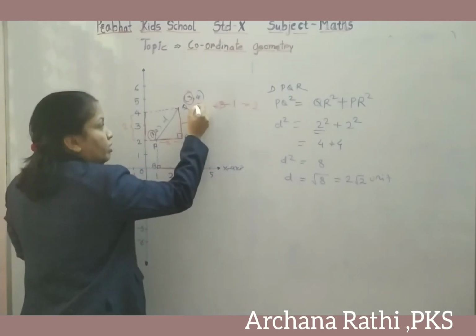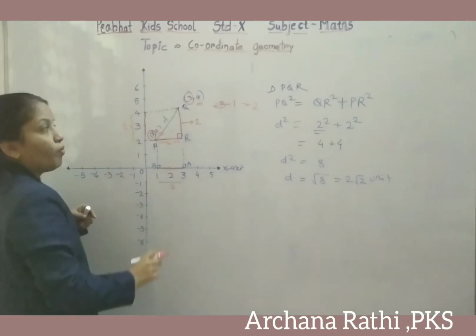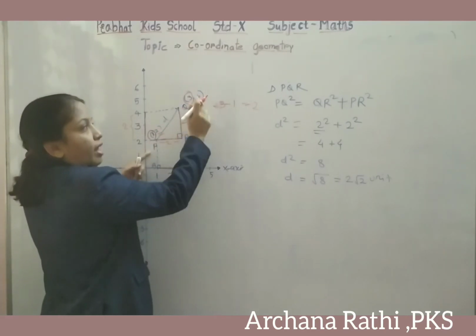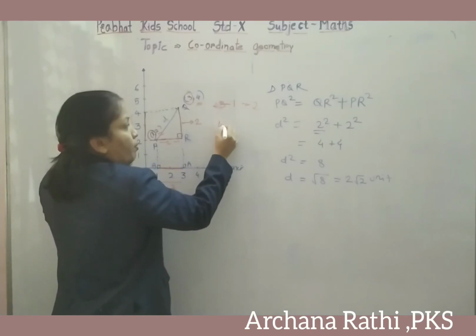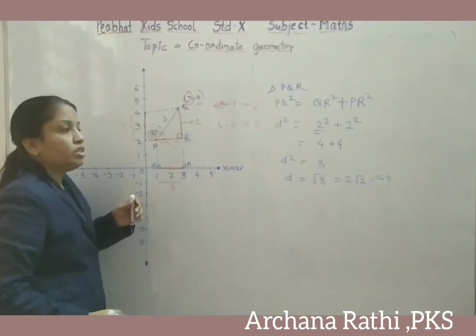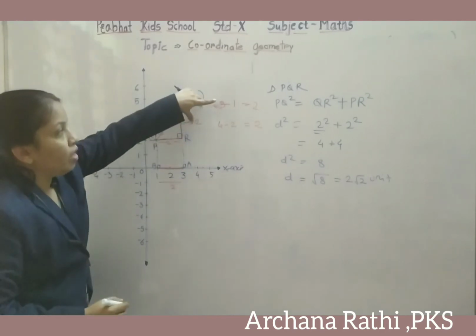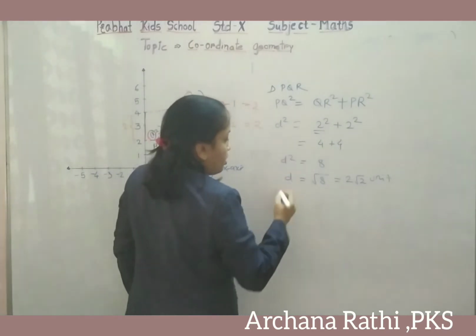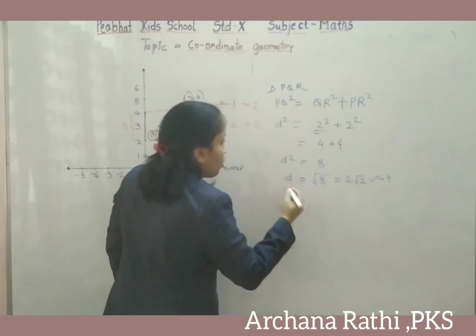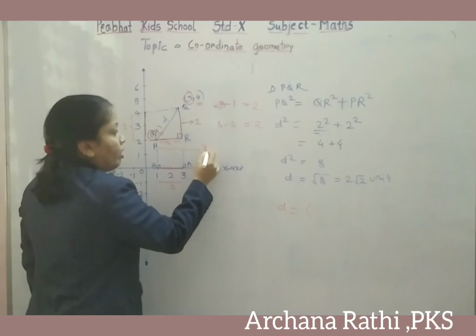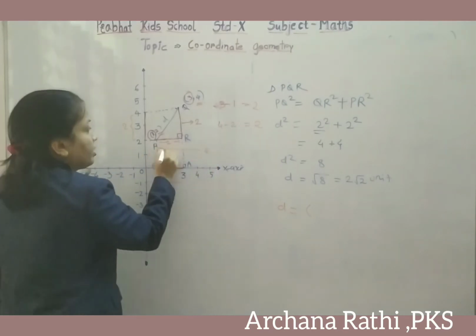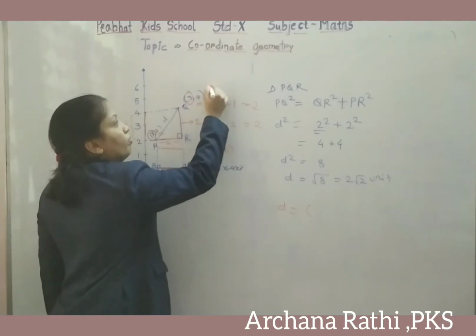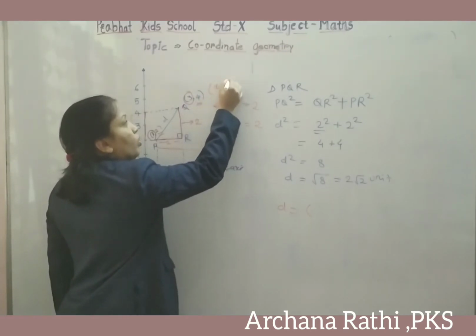Now if you observe, this is the y coordinate of P. If you subtract the y coordinate of P from the y coordinate of Q, this is 4 minus 2. You are getting 2. In generalized form, what is the distance formula? Suppose the coordinates of point P are x1, y1, and the coordinates of Q are x2, y2.